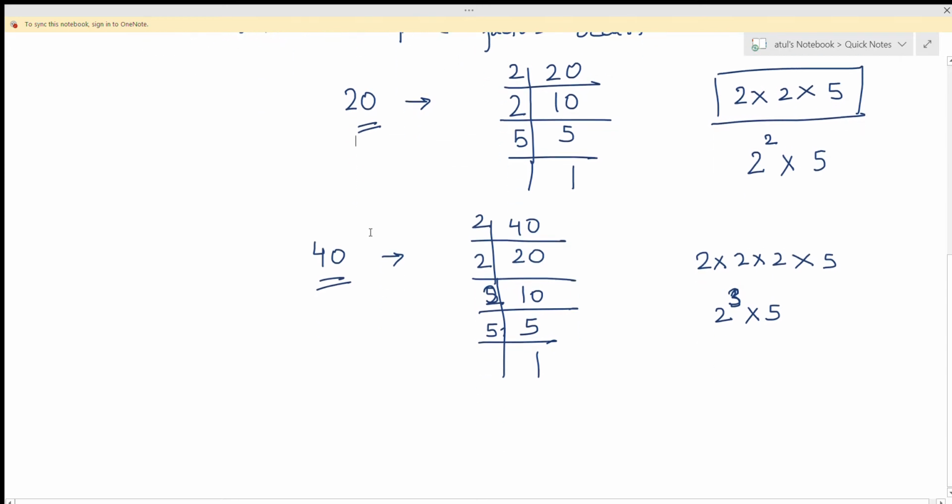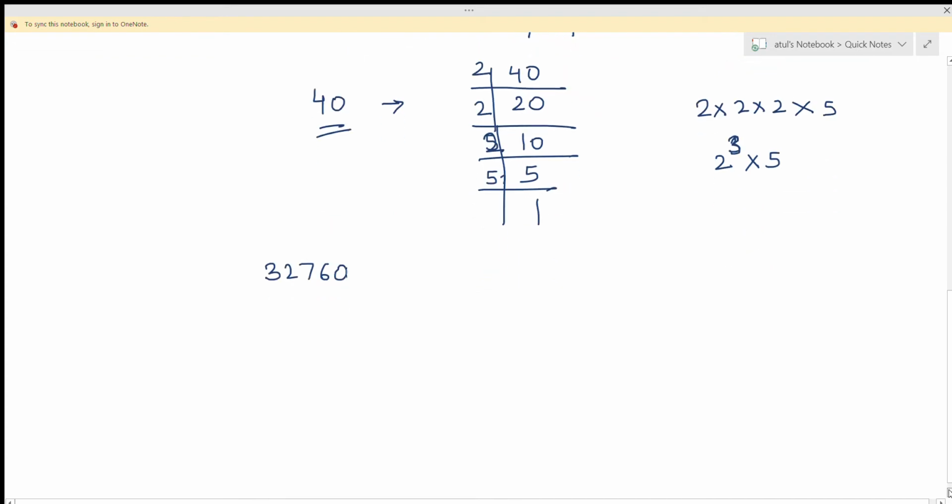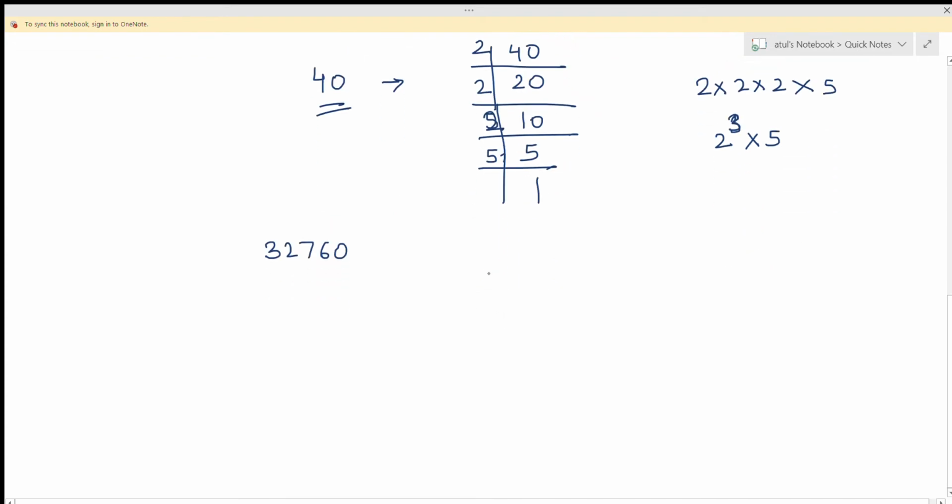Let us consider a very big number. Suppose I take 32760. Let's try the prime factorization of this number. As it is an even number, it is divisible by 2. So I use 2. 2 ones are 2. Then carry over goes 12, 6.